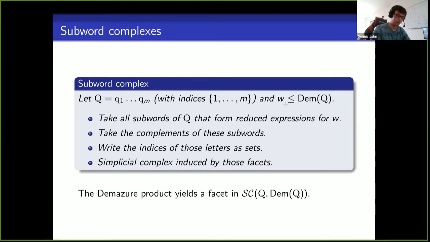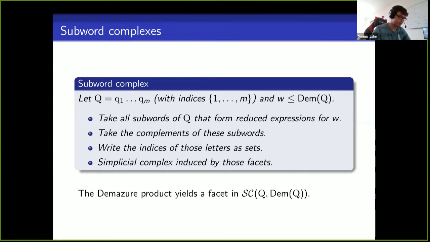As I said at the beginning, whenever you see such a relation without letters, this is Bruhat order. And we first take all the subwords of Q that form reduced expressions for our element w. We then take the complements of these subwords. We then write the indices of those complements as sets, and then take the simplicial complex induced by those facets.